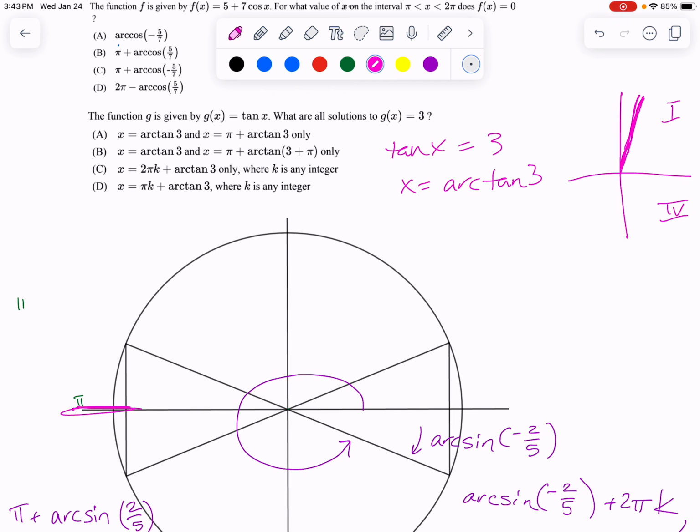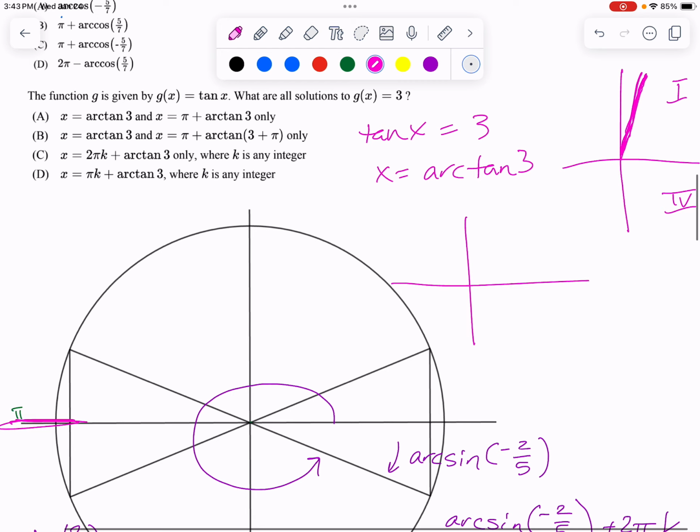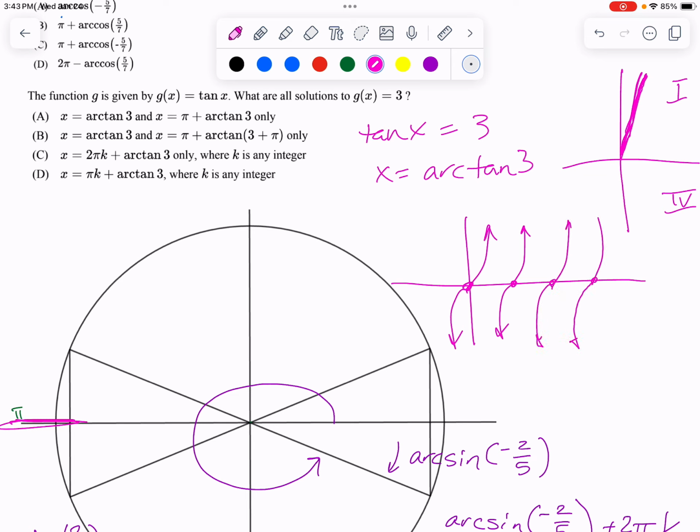Well, it's going to be arctangent of 3 for sure, but here's another way to think about this one. If I'm looking at graphing tangent, this is tangent. There's infinitely many of these guys, and I want to know when they equal 3.